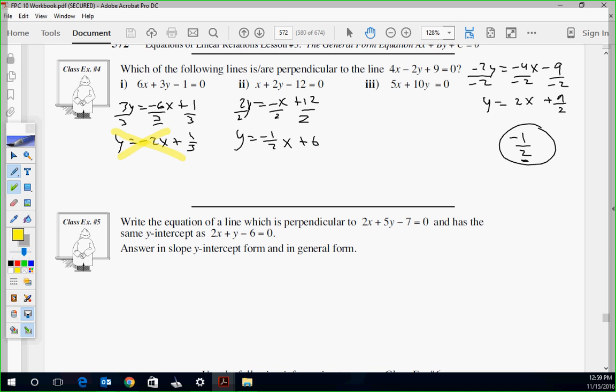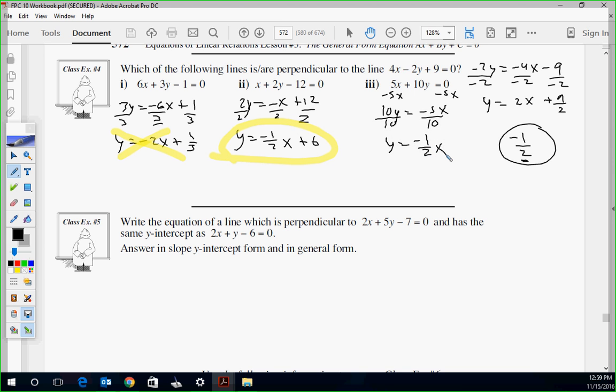This one's good. We got -1/2. And the last one here, there is no constant, but that doesn't matter. Divide 10. And we got -1/2 again.